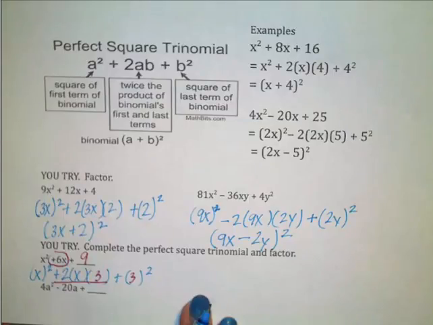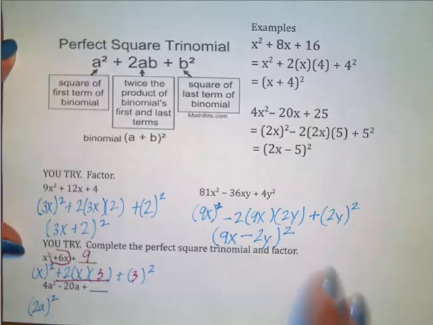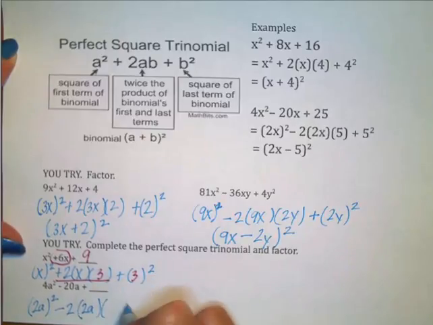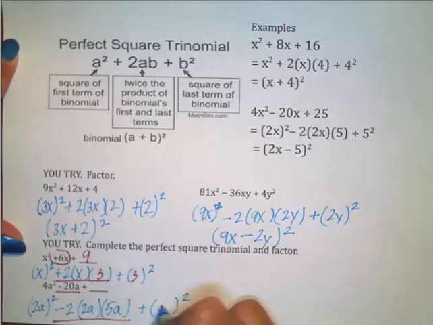4a squared minus 20a. Well, if I use the idea of the formula, 2a squared minus 2 times a times b plus b squared. So again, negative 20a. Right now I have negative 4a, so this has to be 5.